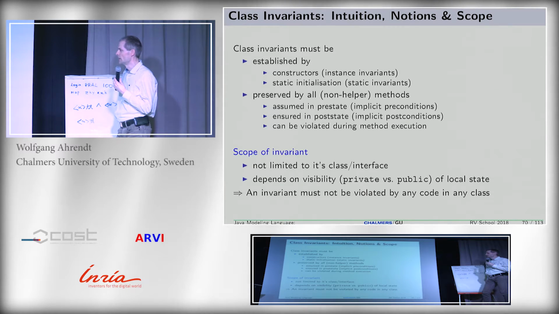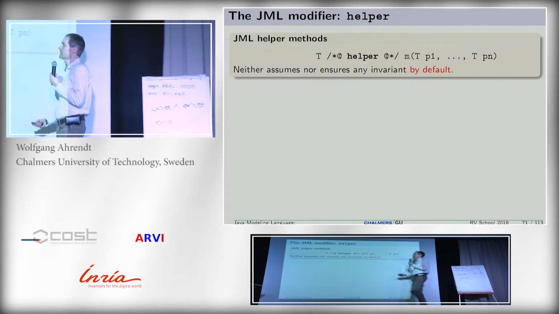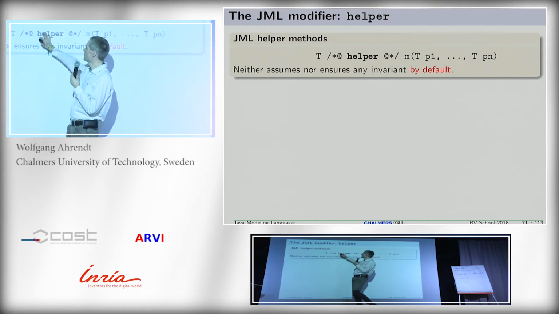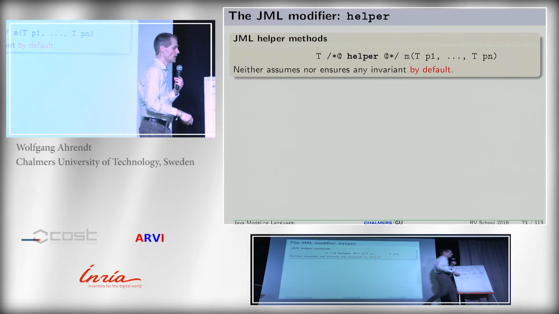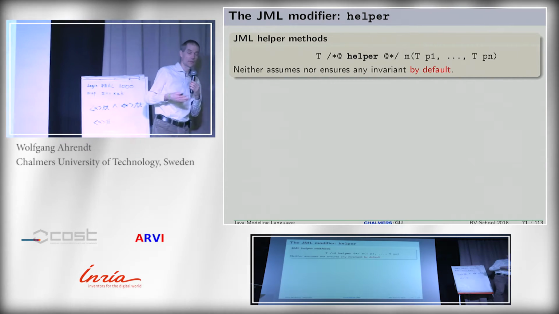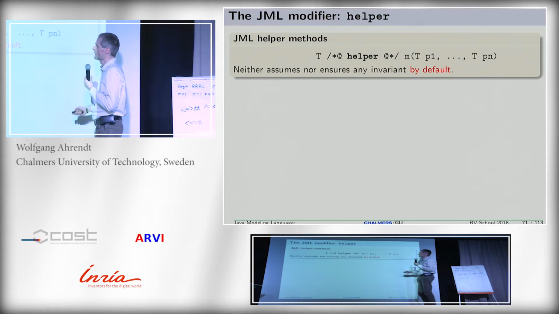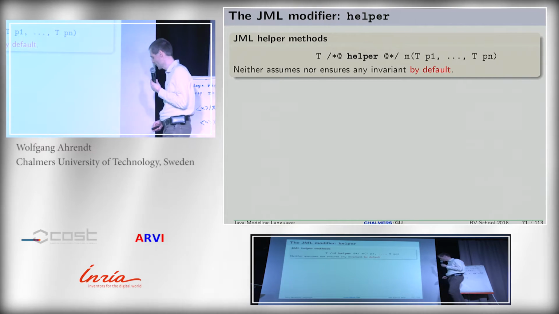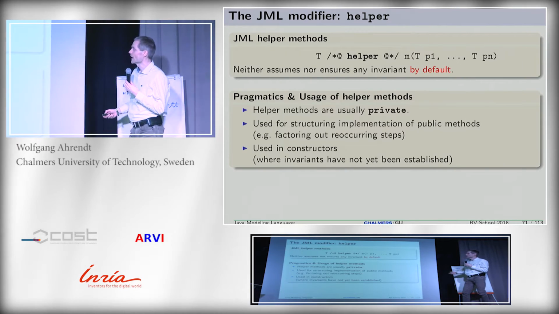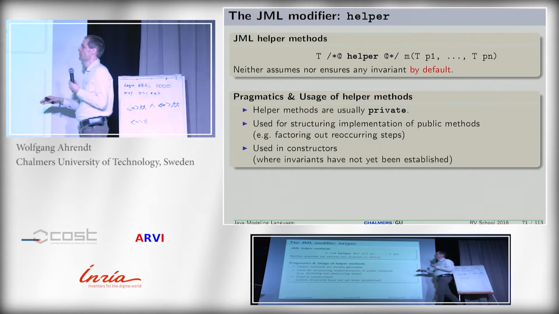But there is an exception to that. We can specify certain methods as helper, and then we do not use this assumption that invariants need to be preserved by those helper methods. So a helper method neither assumes nor ensures an invariant by default. And what is the pragmatics of that? Helper methods are usually private.